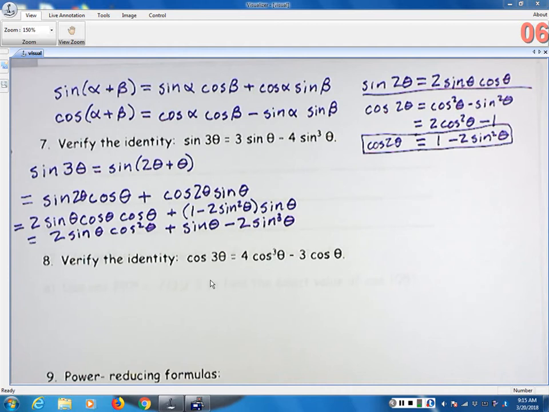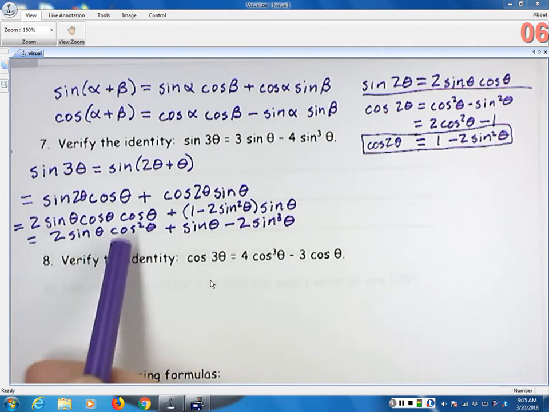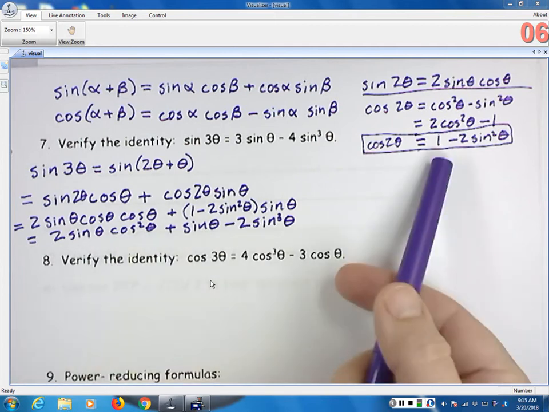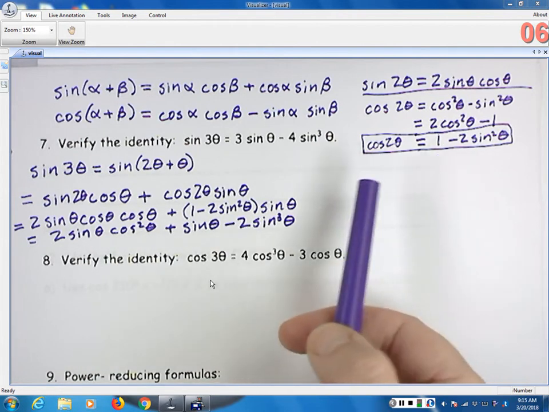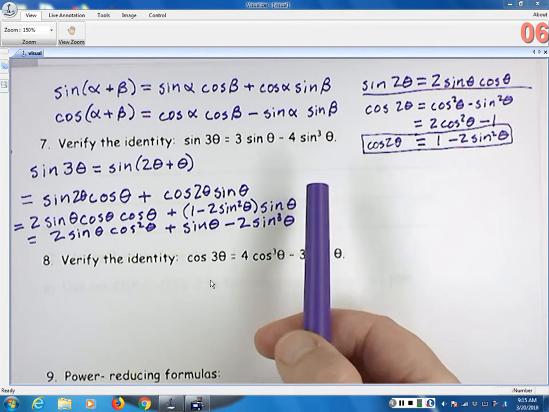All right, we want everything in terms of sine, so we're going to replace cosine squared with 1 minus, wait a minute, what did I do here?